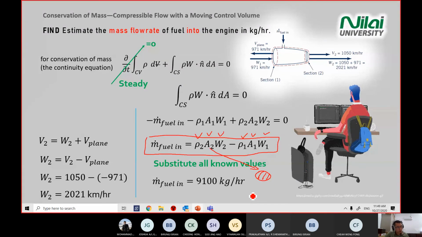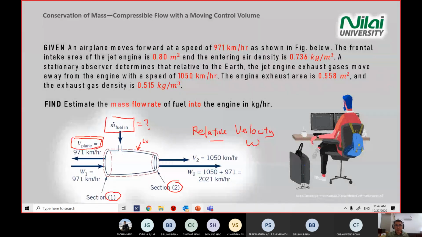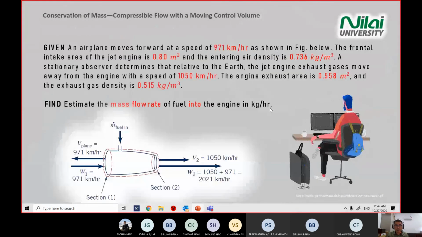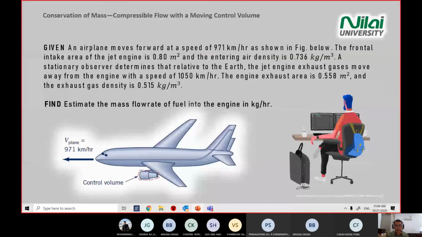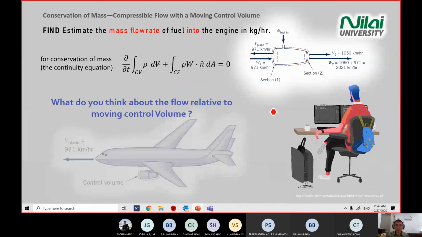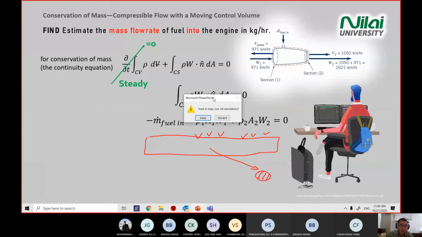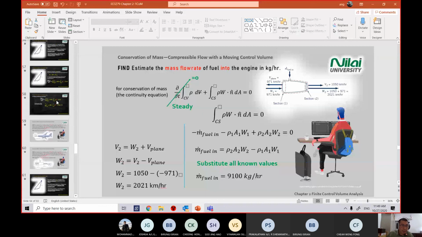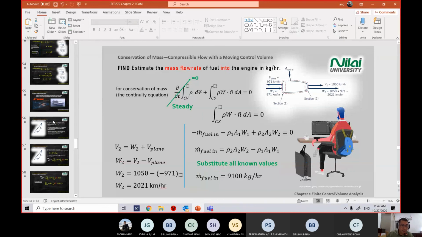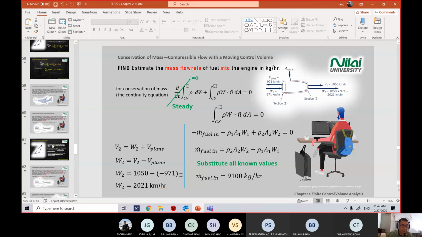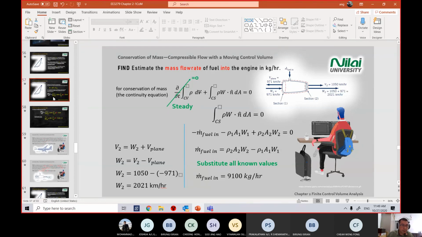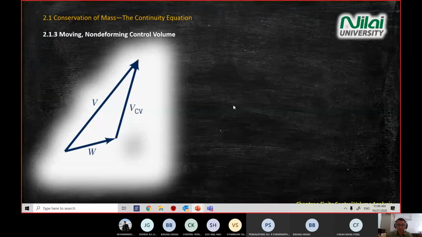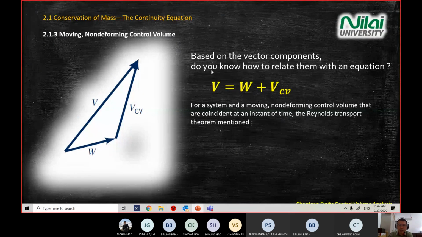We will walk you through how you apply this equation, where the velocity is, and how you apply this equation.